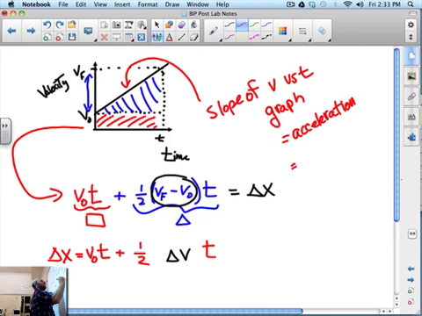And we call that a, right? So a is change in velocity divided by change in time. Now all of these quantities have direction. So I'm going to add arrows over all of them, okay?